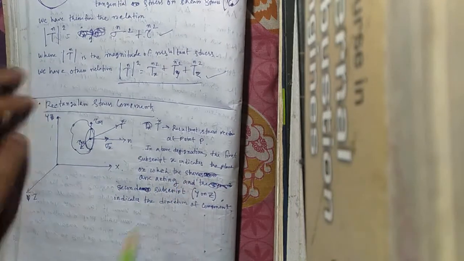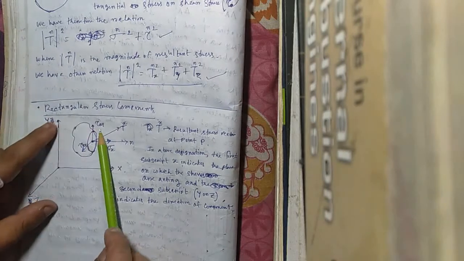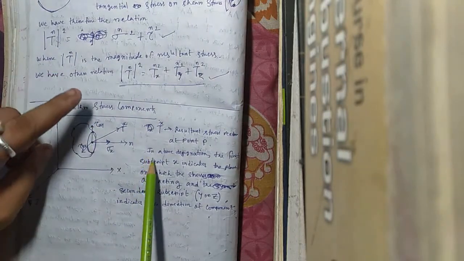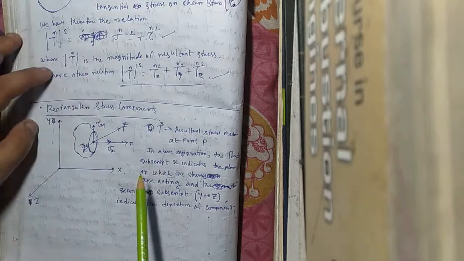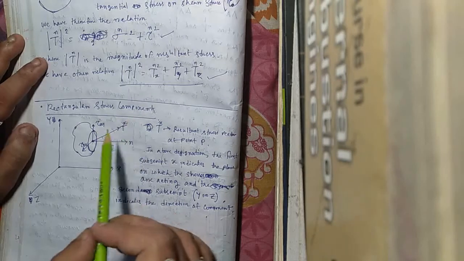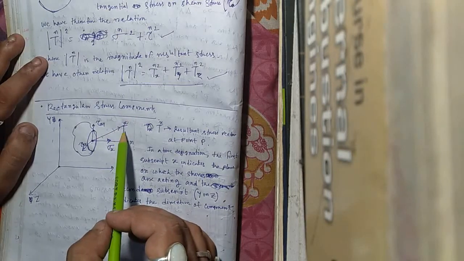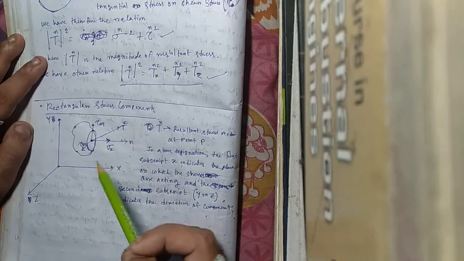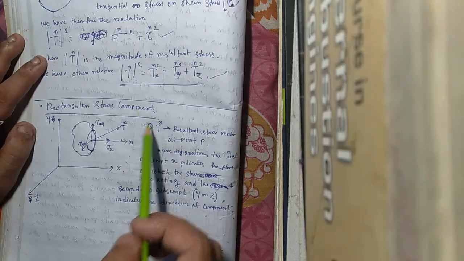Suppose in case of tau xy, the first subscript x indicates that tau is acting on the x plane, meaning the yz plane, and the direction of tau is y.